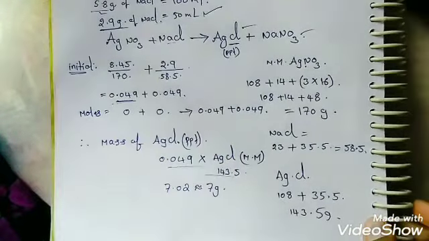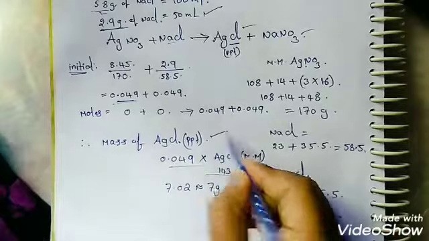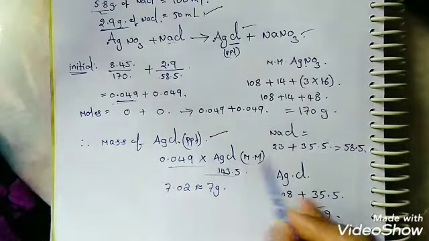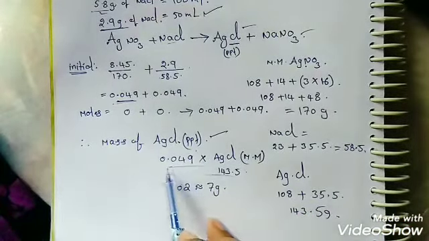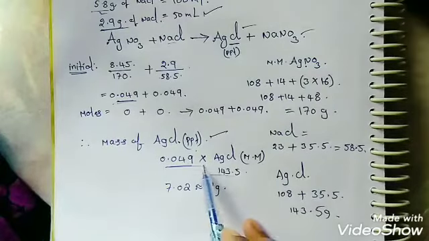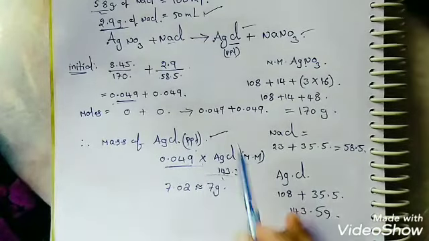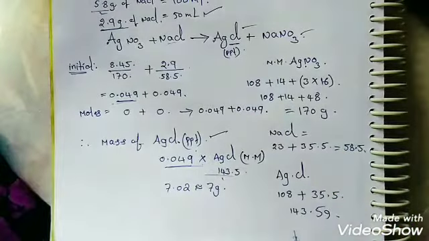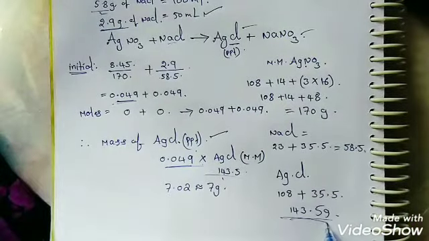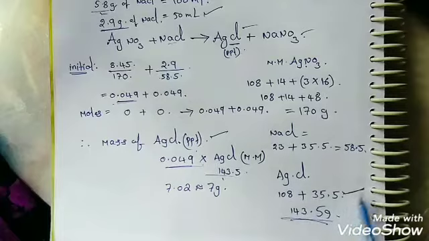Did you understand, students? In the calculation of the mass of AgCl precipitate, you have to take the moles and multiply with the molecular mass of AgCl. For this, the molecular mass we calculate with the help of the atomic masses of silver and chlorine.